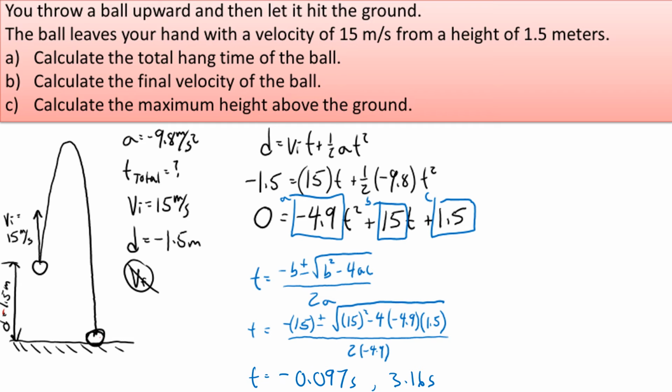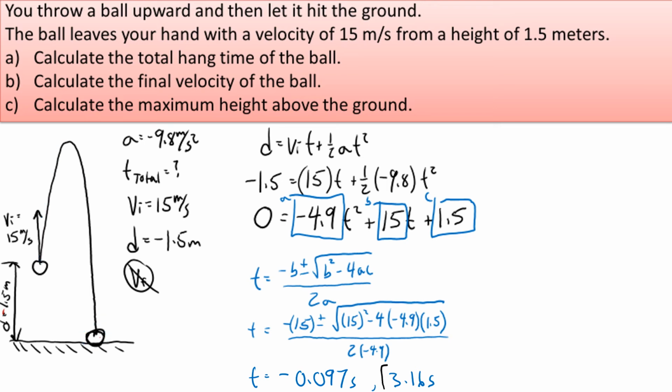Well, if you go back in time, then it takes negative 0.097 to get to the ground. That's kind of what it's doing. It's doing the whole path, all right? And then, yeah, so we don't want to go back in time because that doesn't make any sense. So we take the positive number, time is positive, and it takes 3.16 seconds to do that path like that.